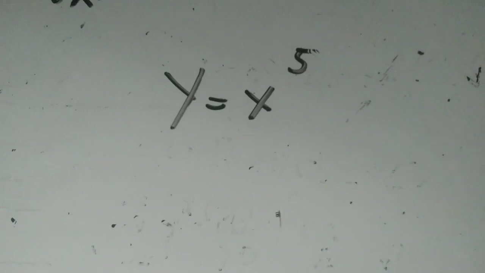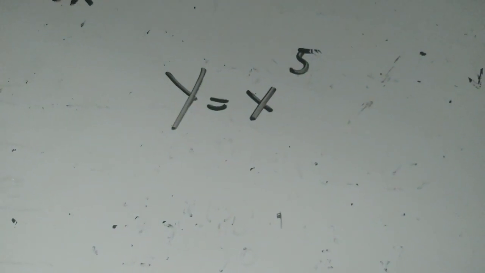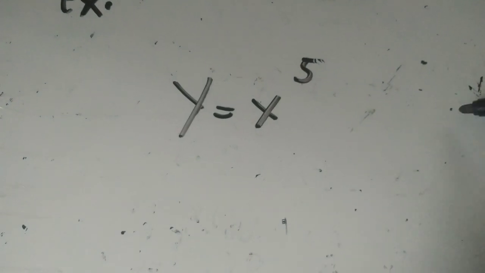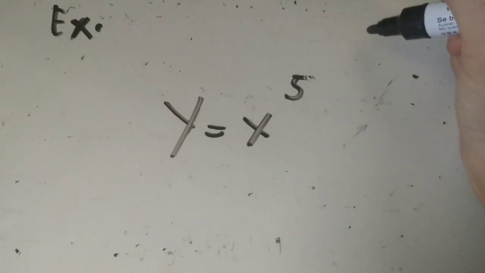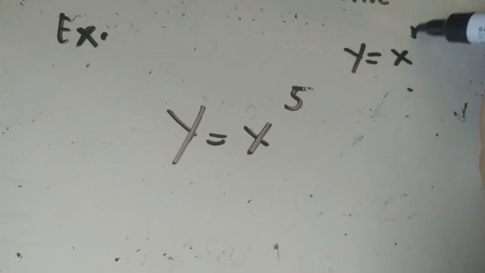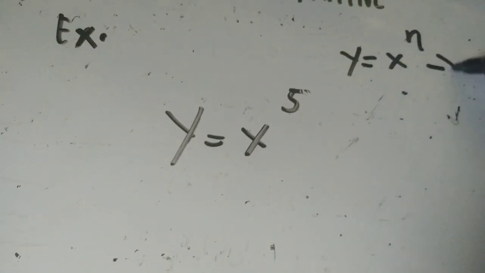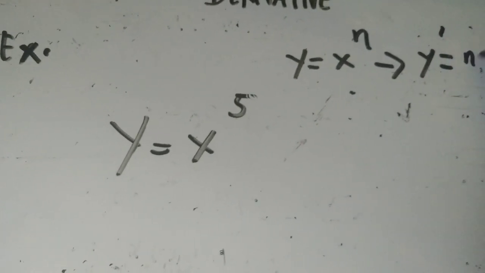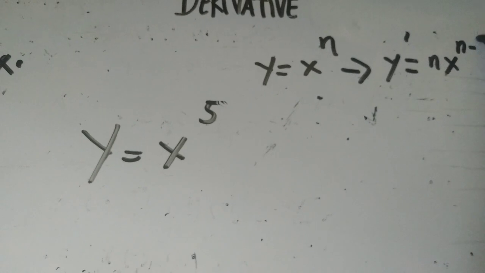find the derivative of this given y equals x raised to 5. So this is the power rule. The derivative, we have y equals x raised to n. Derivative y prime equals n x raised to n minus 1.